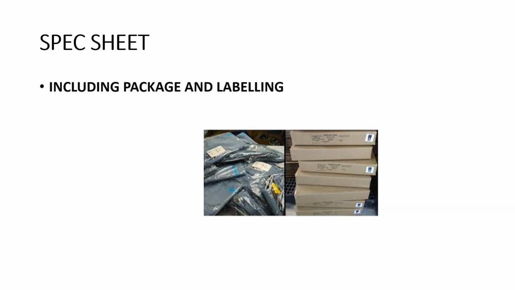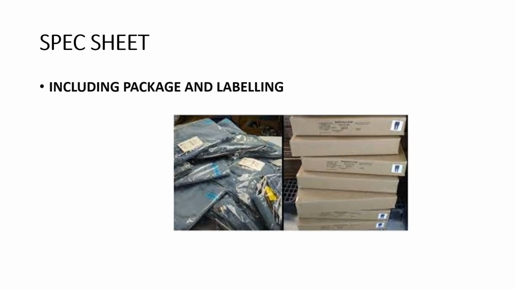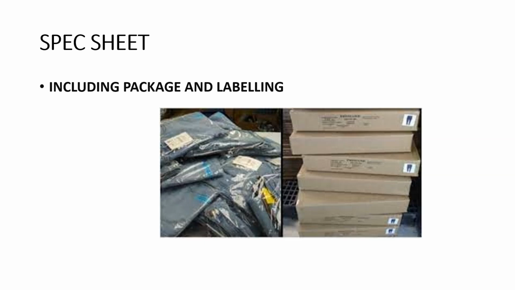So that is the specification sheet and the different kinds of information available in it. Interestingly, what packaging material is to be used and what type of labeling will be used is also included in the spec sheet. Students, can you recall what is the meaning of this particular image?